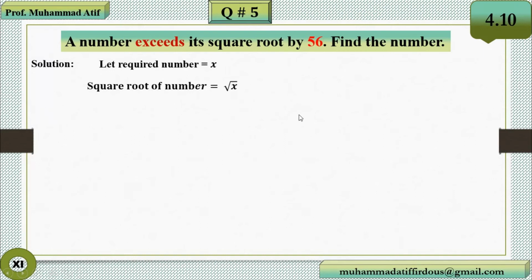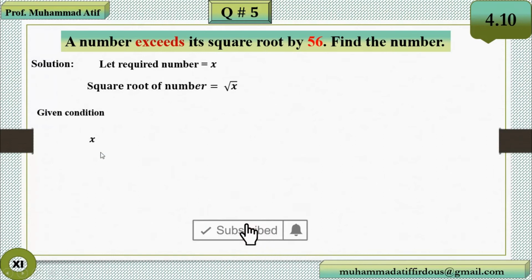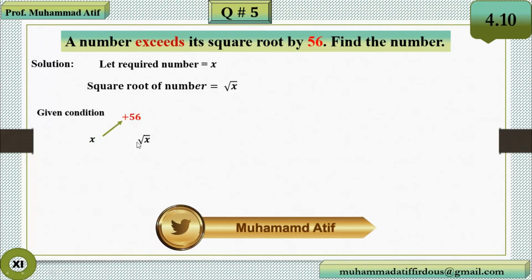Now, according to the given condition, the required number, which we suppose is x, is greater than its square root by 6. This number exceeds under root x by 6.